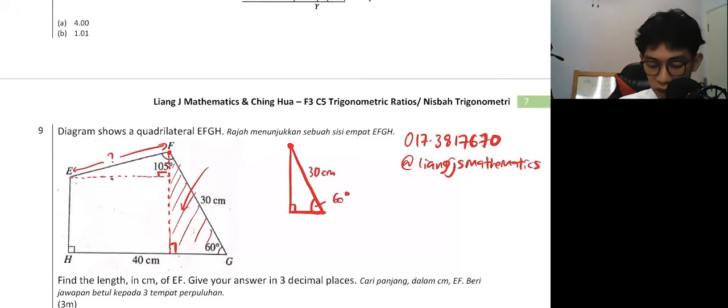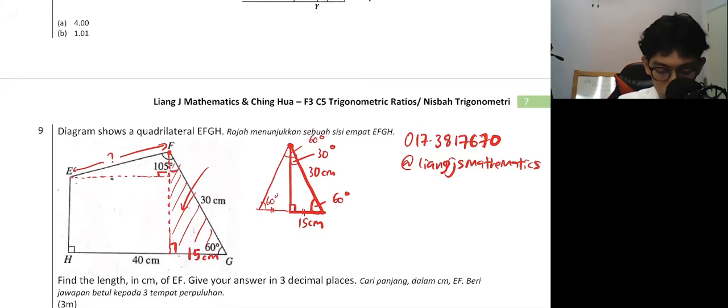If that's a 60, in the end these two parts will be the same, and this will be 60 and 60 as well. So you can straight away use common sense and tell me that's a 30 degrees and that's 15 cm. So you know this is 15 cm and that's 30 degrees, and the remainder here is 75 degrees.